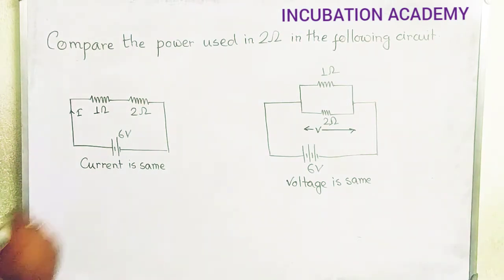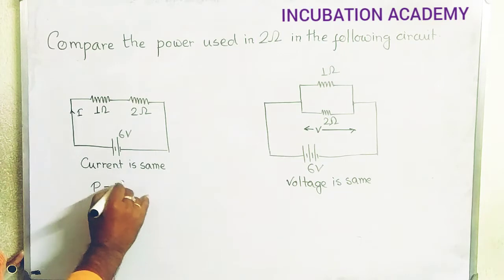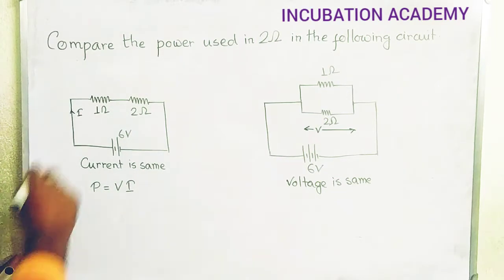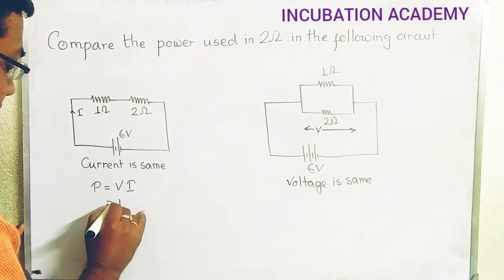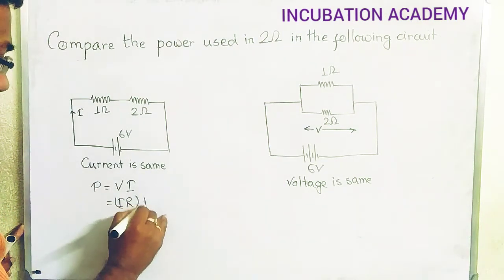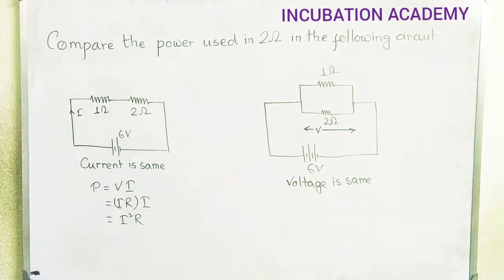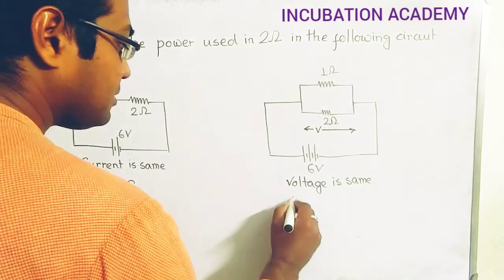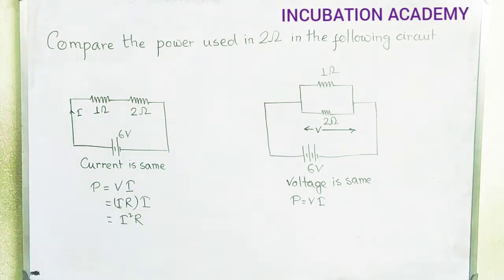Power. We know that power is equal to VI. But here the voltage across these two are not same, but the current is same. So I use Ohm's law, V equal to IR here, and I will use this relationship I square R. But here, P equal to VI, current obviously is not same in these two resistors since the resistances are different.